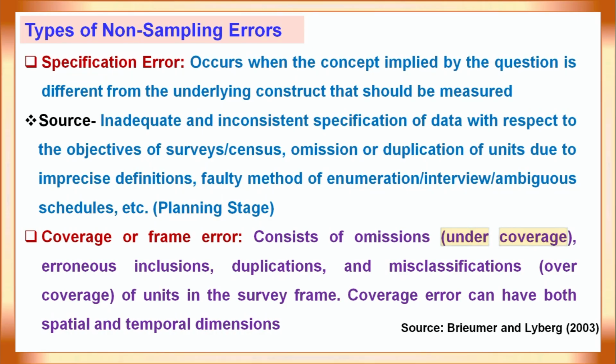So, if you take an example, it is a common example, you are asking a particular person, under a study, how many children do you have. Now, depending on the culture, this question may mean differently to different respondents.